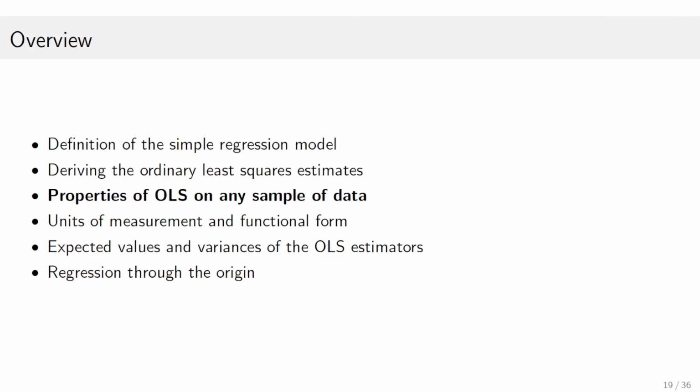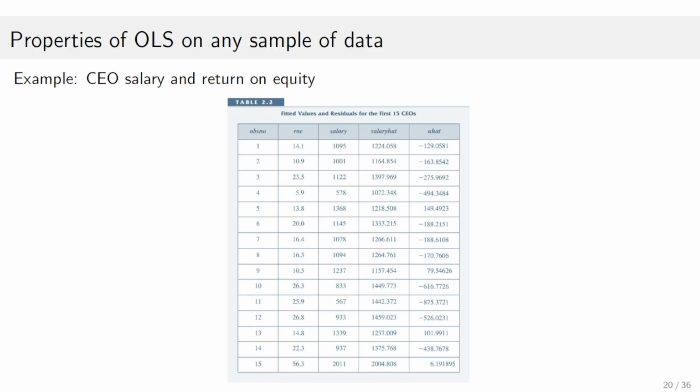So let's think about properties of OLS on any sample of data. Towards that, let's quickly go back to the example of CEO salary and returns on equity. So what you see here is a table with observation numbers, return on equity, salary, predicted salary, and U hat.